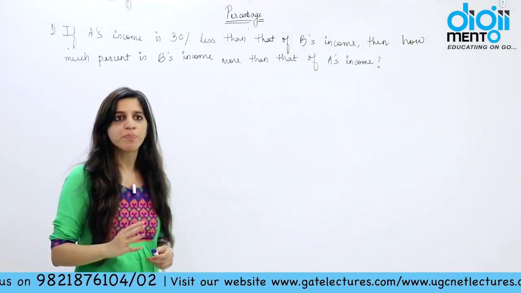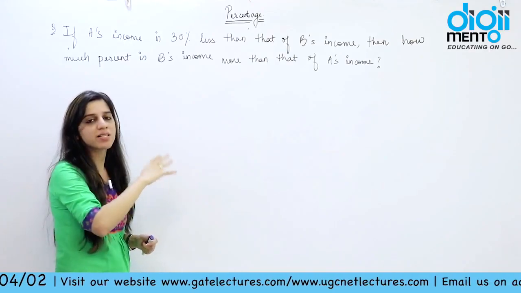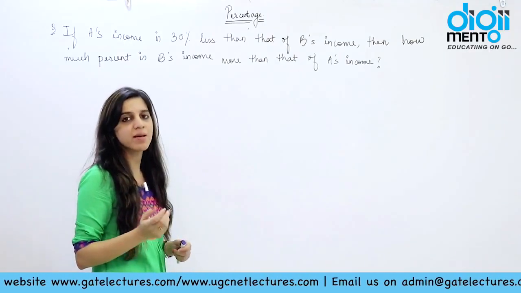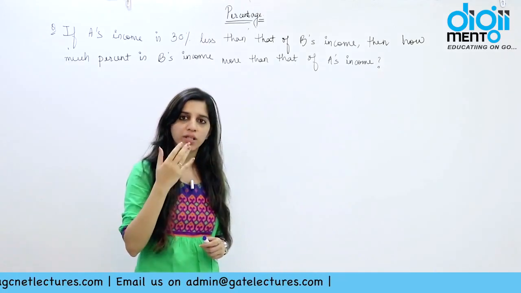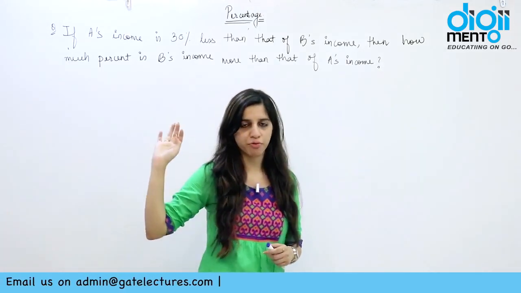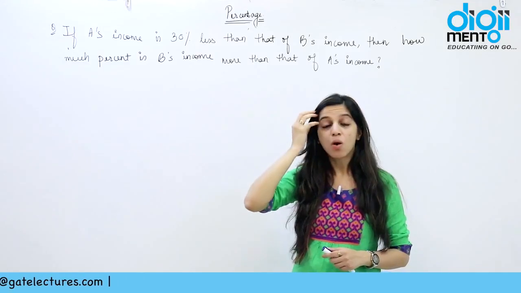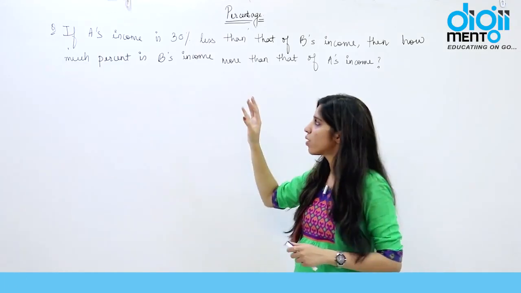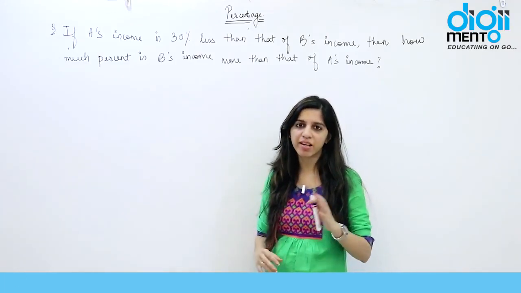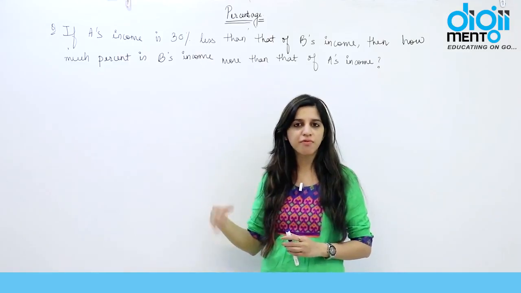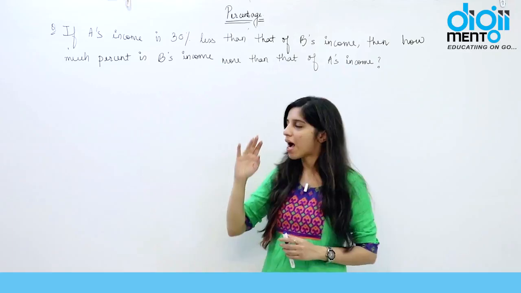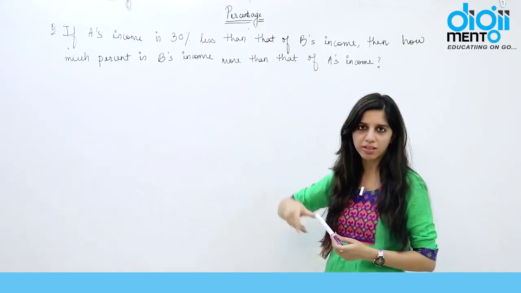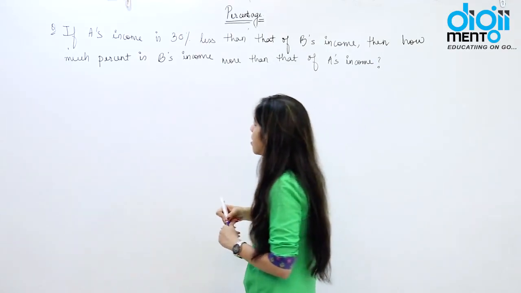When they are giving you percentages, they are asking for the answer also in percentages. Just assume some values to be 100. Whatever value you are comfortable with, you assume to be 100. Why? See, when we are working with percentages, we are taking reference as 100. If you assume some values as 100, it is going to ease up some calculations for you. I will just explain how it does this in this question, right?